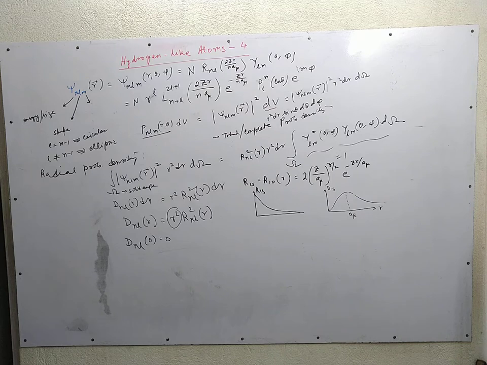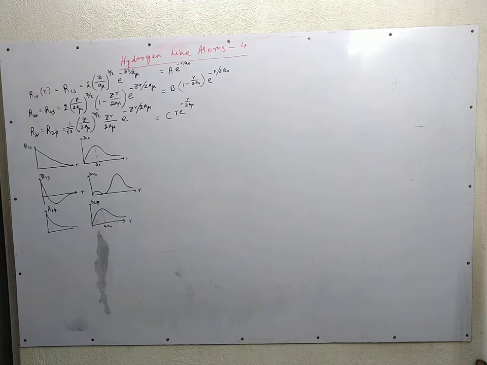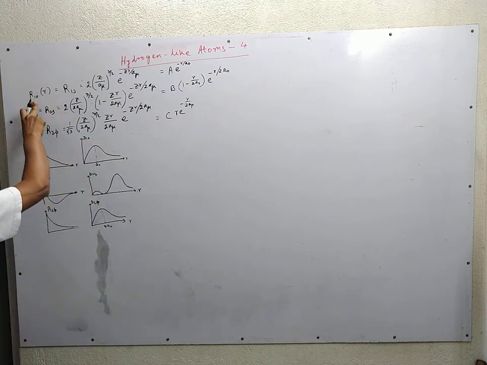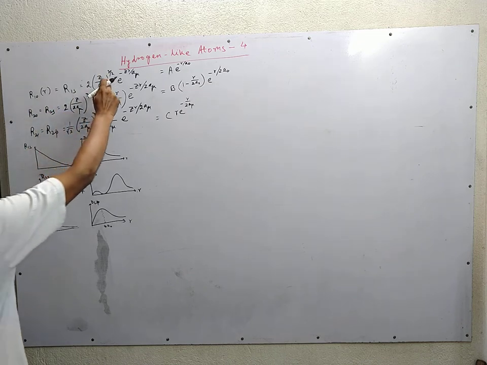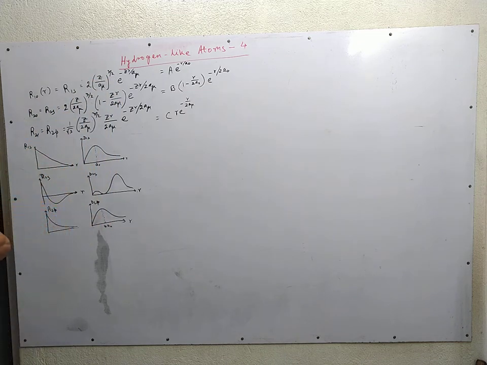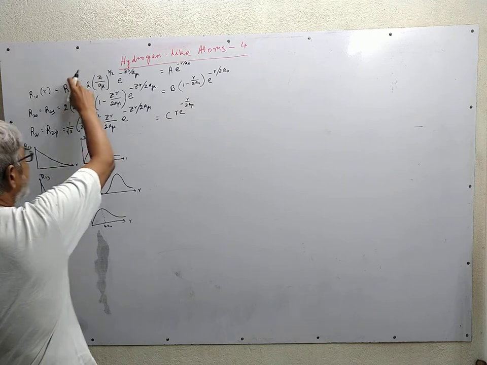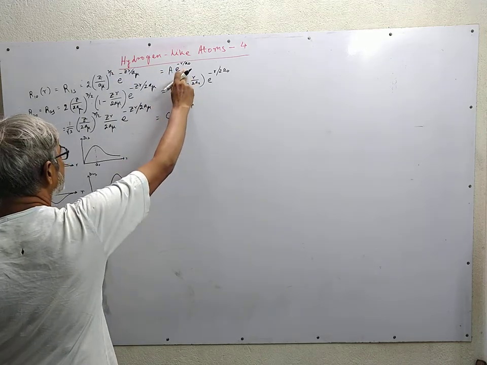I shall consider a few low-lying states of the hydrogen atom and plot their probability densities. The wave function corresponding to the 1s state, n equal to 1, l equal to 0, is actually given by this. If we assume Z to be 1 for the hydrogen atom, and if we further assume the nucleus to be infinitely heavy, so that a mu may be replaced by a0, then this can be written as A times e to the power this.